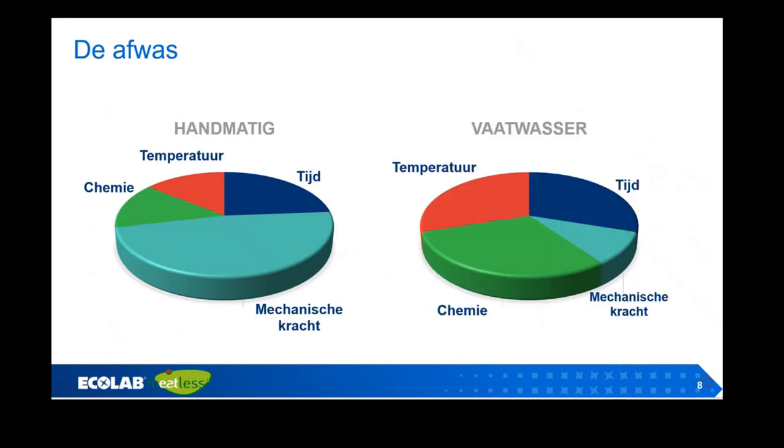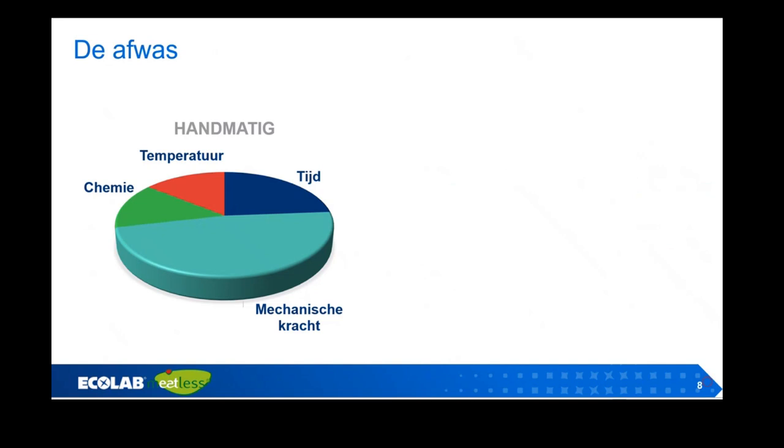And the one you have is the mechanical force. So the mechanical force, you can see it. It's the most of the 4 factors, and the temperature is low. Chemistry also, and time is also limited because you don't want to spend a lot of time on one plate.